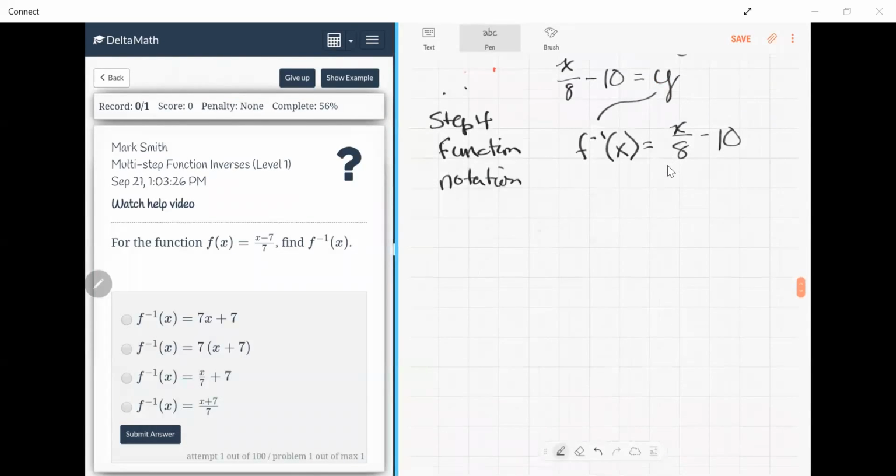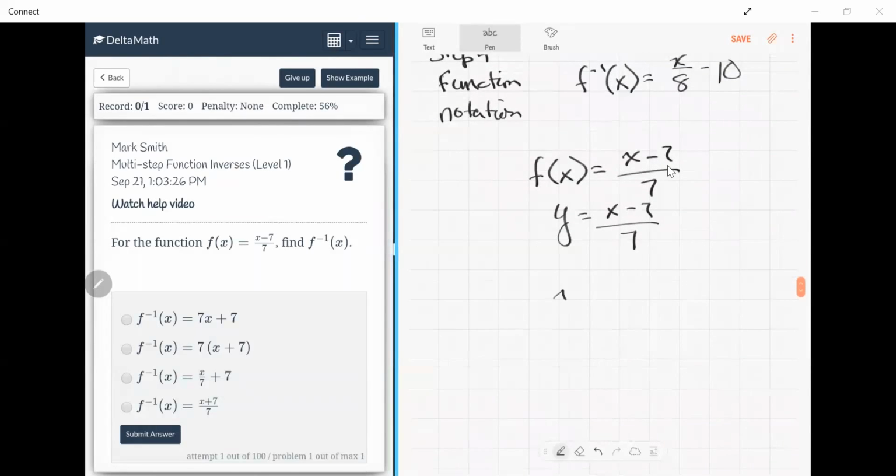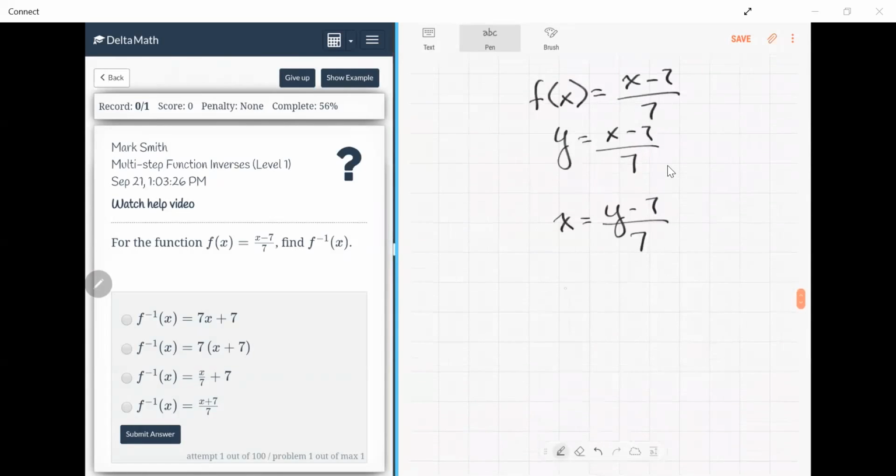f of x equals x minus 7 over 7. Change that to y equals x minus 7 over 7. Switch the two, x equals y minus 7 over 7. A lot of sevens. Okay, solve for y. So the first thing I'm going to do is multiply both sides by 7.